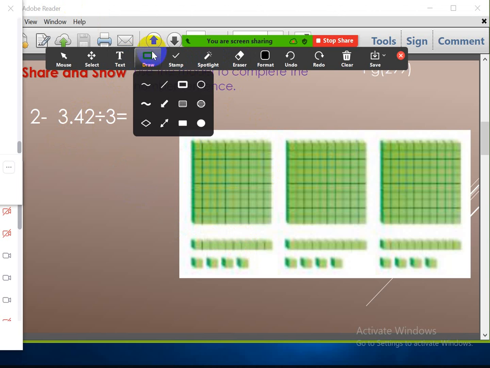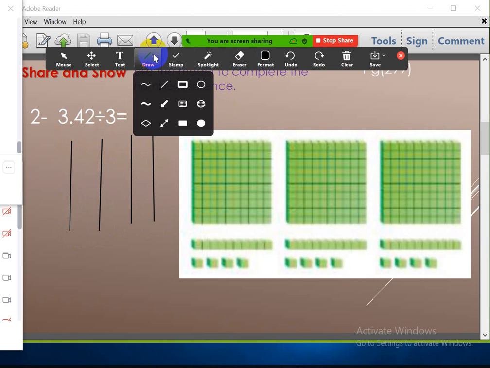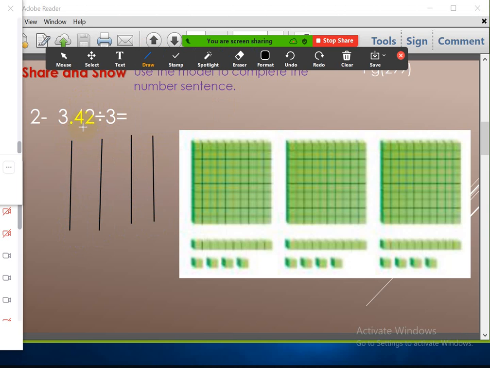This is 3 flats and 4 longs. Okay, 1, 2, 3, 4. Okay, girls. So, how many cubes do I have?